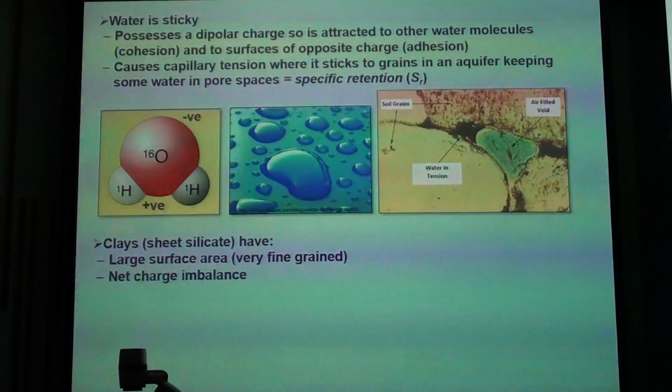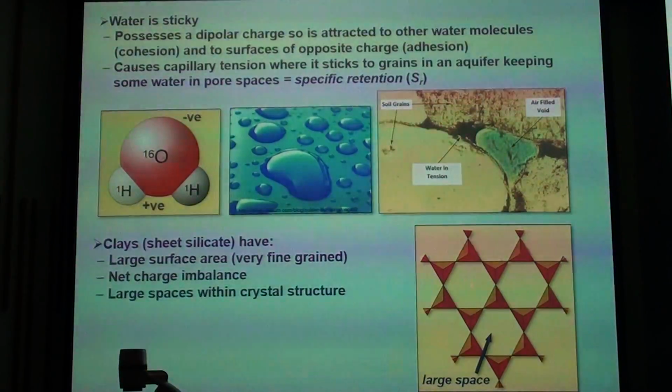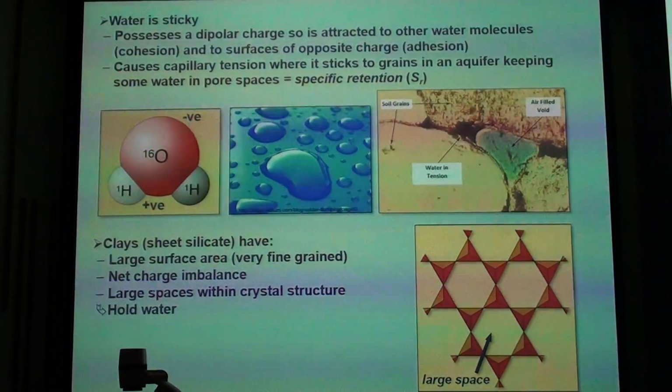They also have a net charge imbalance, i.e. they have a charge, so water sticks to them really well. They also have large spaces within the crystal structure, being sheet silicates, large holes in here. Those large spaces hold water really well, and they don't let it go. All those things hold water within our clays.